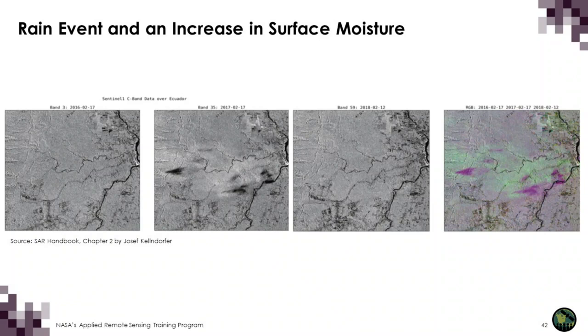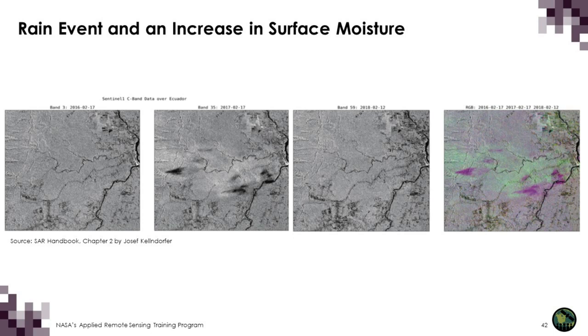And then one last thing to be aware of when using images to look at, say, flooding and flood extent is that sometimes rain events can have an impact on the images. So C-band is on the order of 5 centimeters.